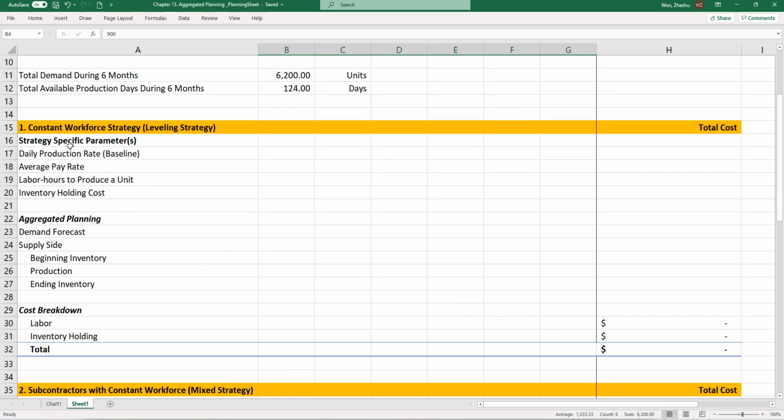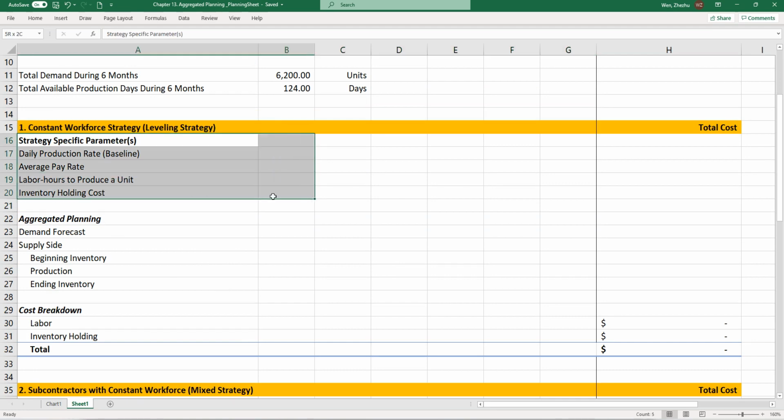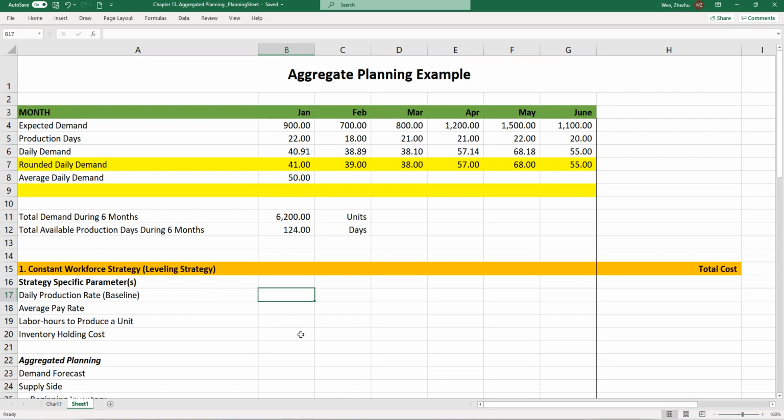Okay, so let's take a look here. Strategy specific parameters usually will not be provided. This is an area I have created to help you think. So daily production rate: we just discussed that 50 is going to be the constant production rate you'd like to have in order to fulfill the demand during the 6 months period.